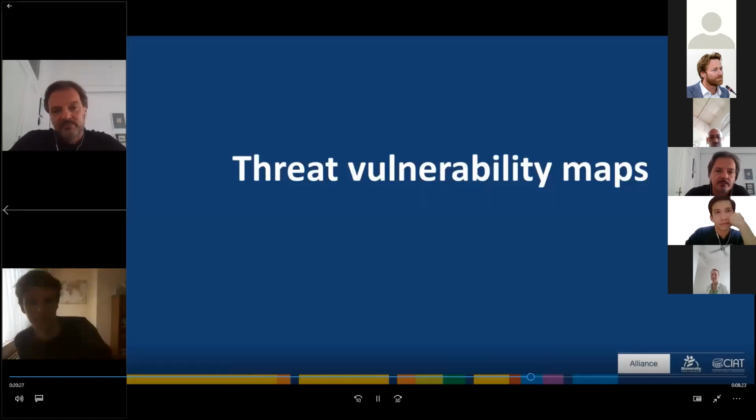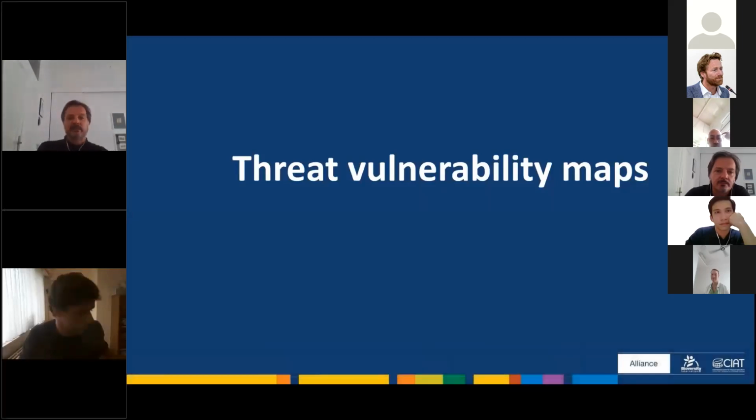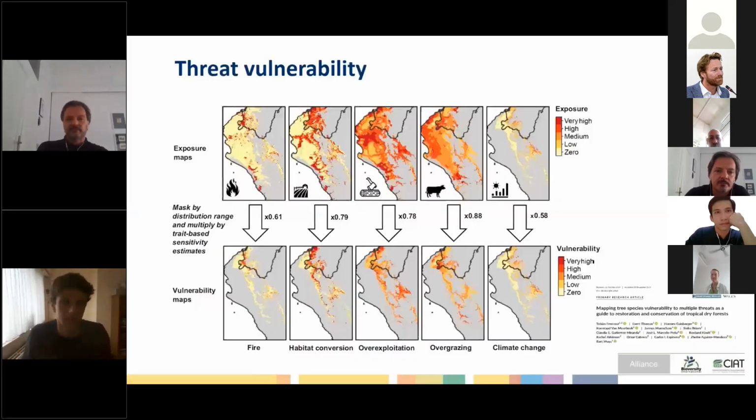Then the next step is to combine these distribution maps, these exposure maps, and these sensitivity estimates into threat vulnerability maps, of which you can see an illustration on this slide.